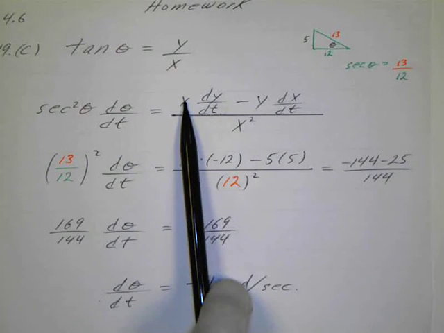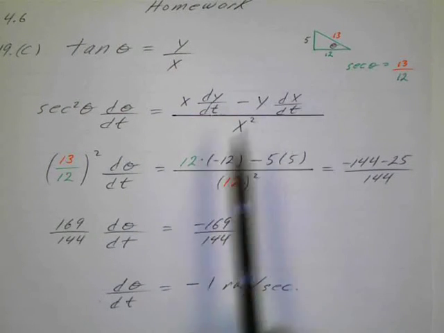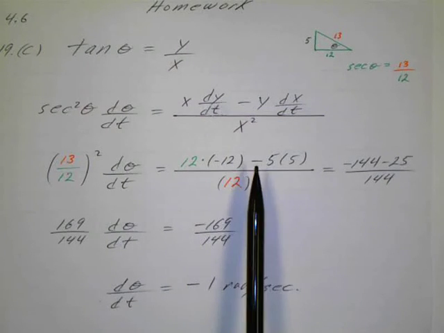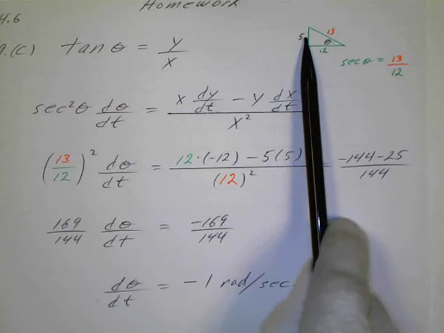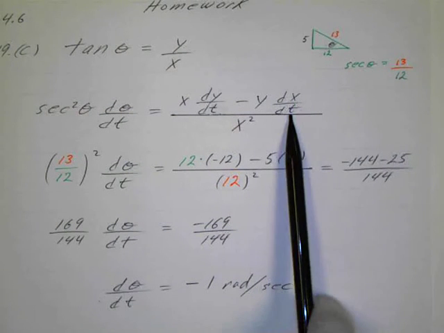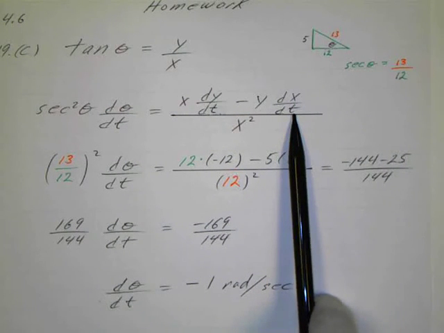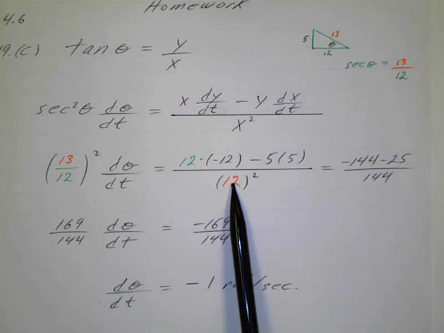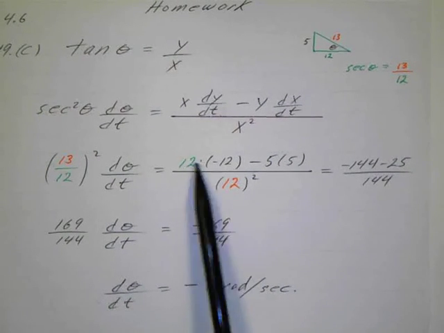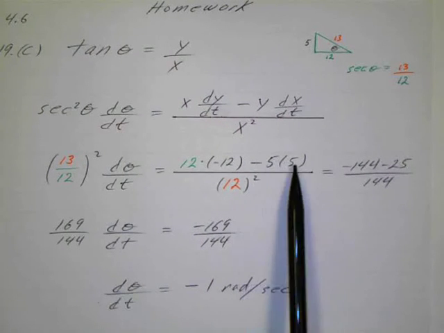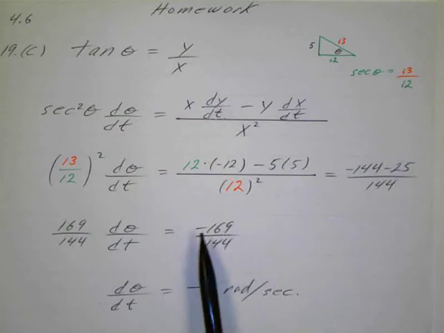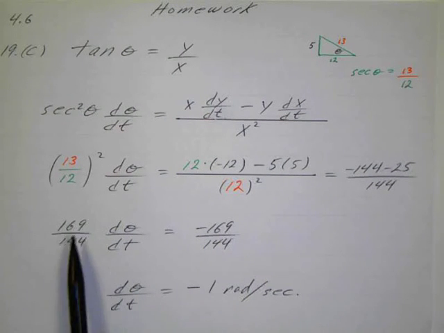And then I know that at this moment, x is 12, and dy dt I found earlier as negative 12, and y is 5. And dx dt, which was given at the very beginning of the problem, was 5. And all over x squared, which is 12 squared. So a little arithmetic: negative 144 and negative 25 over 144. 12 squared is 144. This is negative 169 over 144, and the other side is 169 over 144.